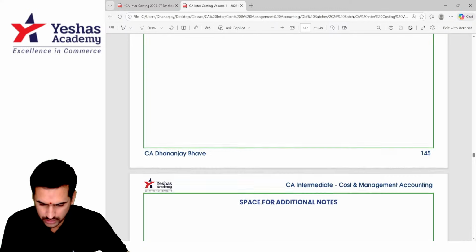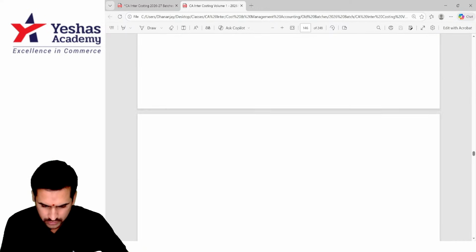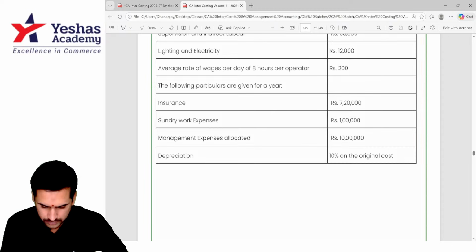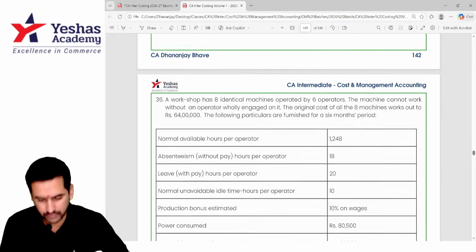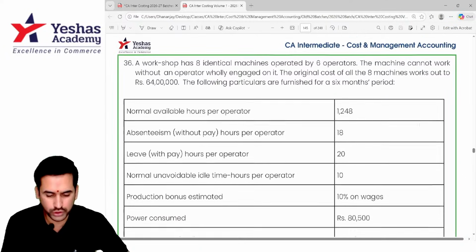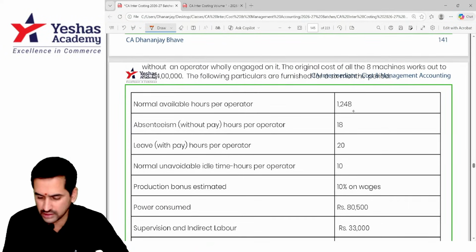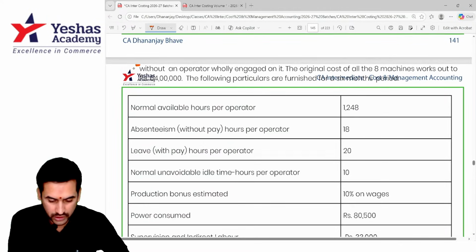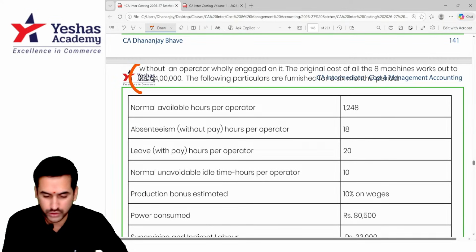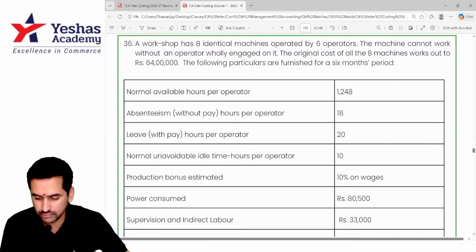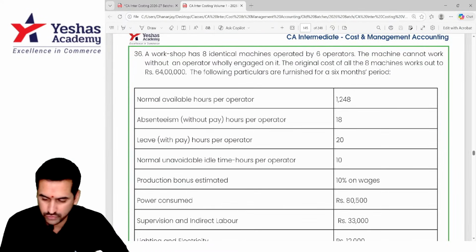Just a sec. Yeah. Here it is. By the way, it's the same question, but there is a small printing error. Can you see here on top of the page itself, a lot of content has gone. It's not readable for you, so I'm opening that question from another material.